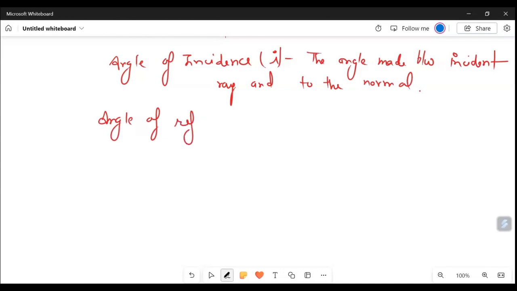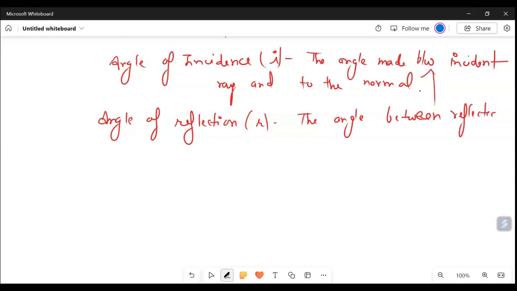Same thing but with the reflected ray. It is represented by small r. It is the angle between the reflected ray and the normal. This is called the angle of reflection, and by the first law, the angle of reflection is equal to the angle of incidence.